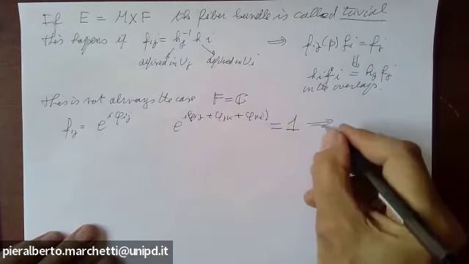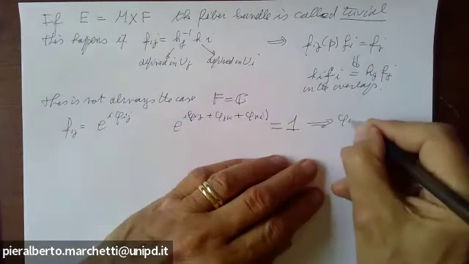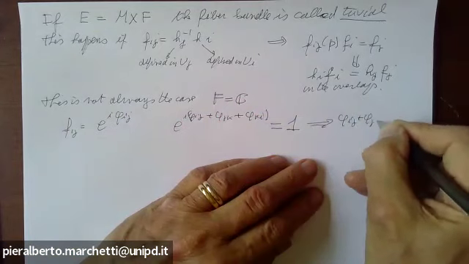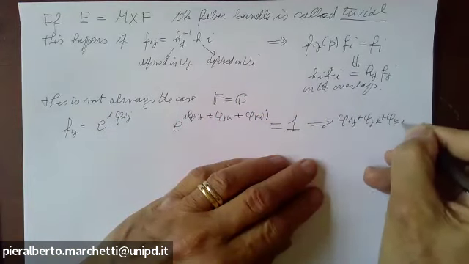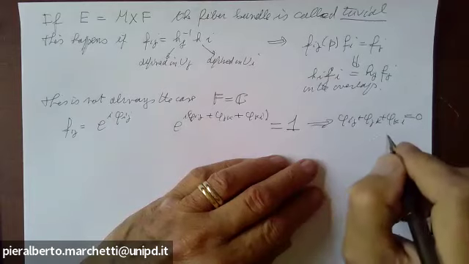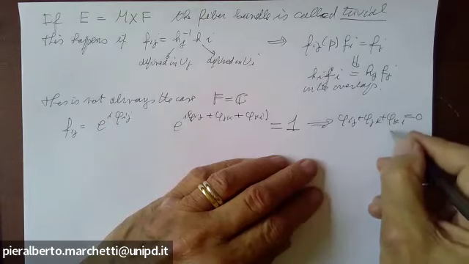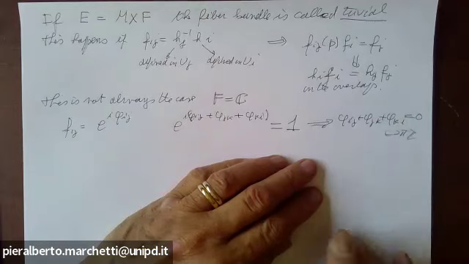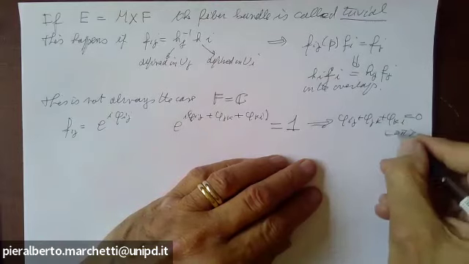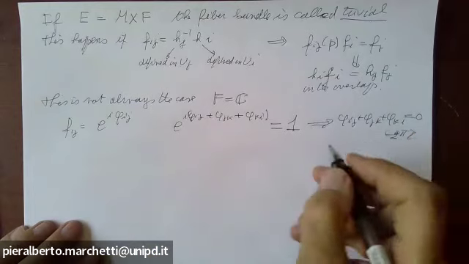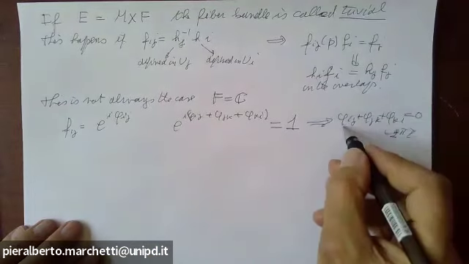But as you know, this does not imply that φ_ij + φ_jk + φ_ki is equal to 0, because it could be any 2π times an integer.